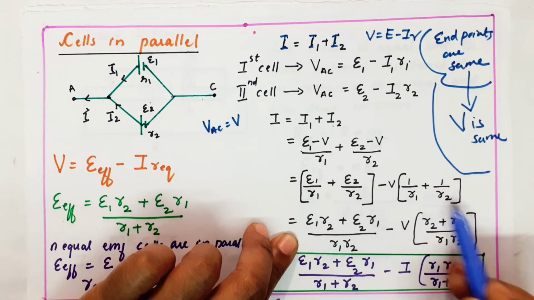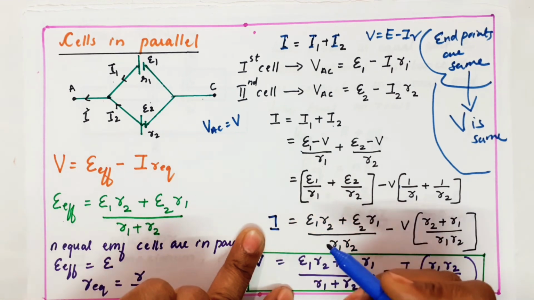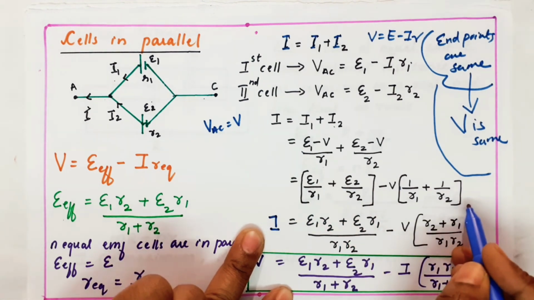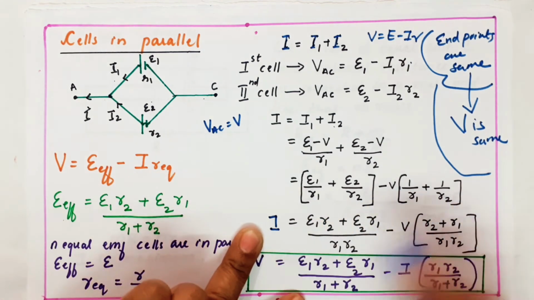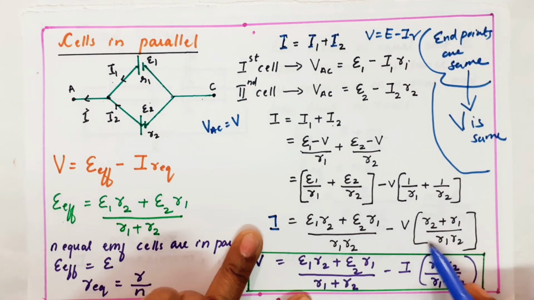So I got this equation. But I need an equation for V, so I am dividing by the coefficient of V. So I will get V equals E1 R2 plus E2 R1 divided by this coefficient. R1 R2 cancel, so the denominator will be R1 plus R2.